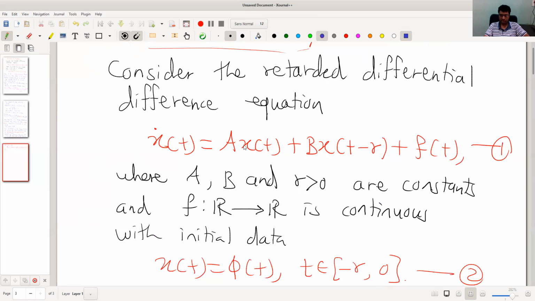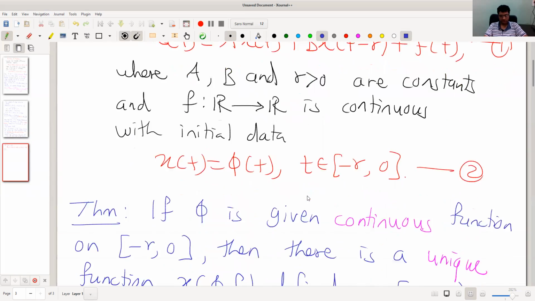Okay, so a into x of t plus b into x of t minus r plus f of t. That means this right hand side is continuous for t greater than 0. This means the left hand side, that is x dot of t, is also continuous for t greater than 0. That means x is a C1 function for t greater than 0.